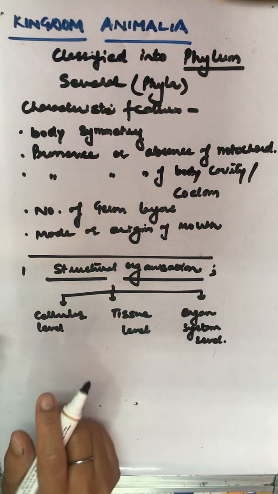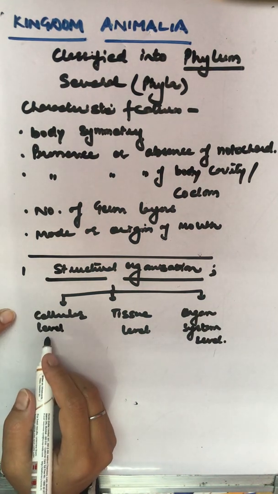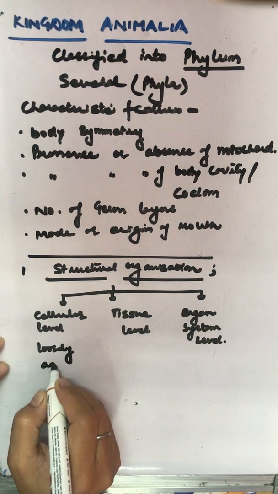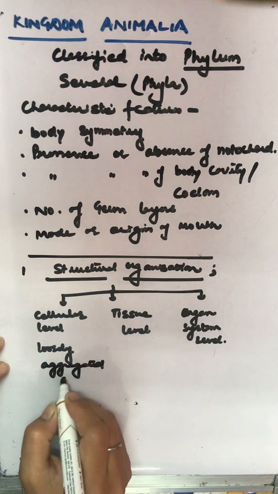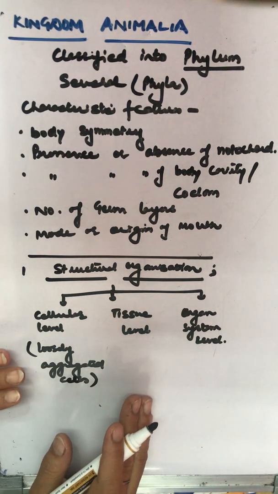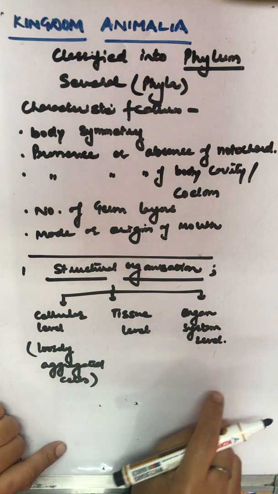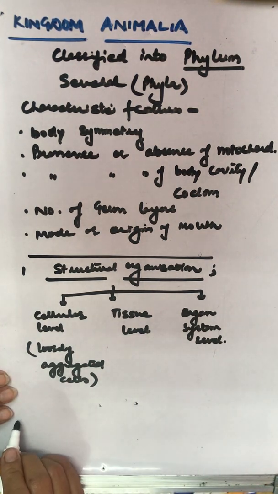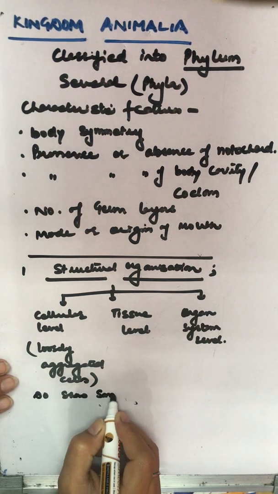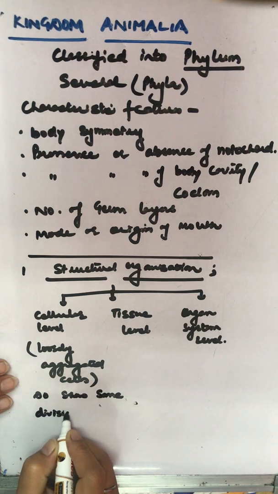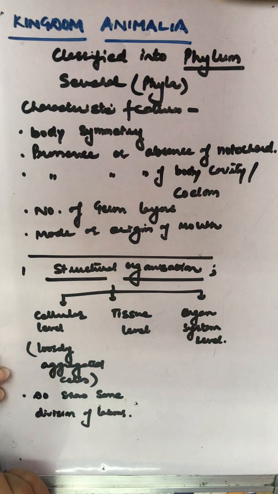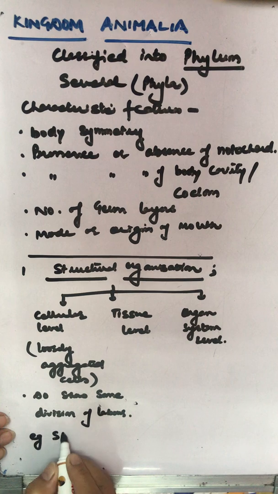This one is the cellular level, formed of loosely aggregated cells, which are not at all organized into tissues or organs. They do show some division of labor. The example here is sponges.